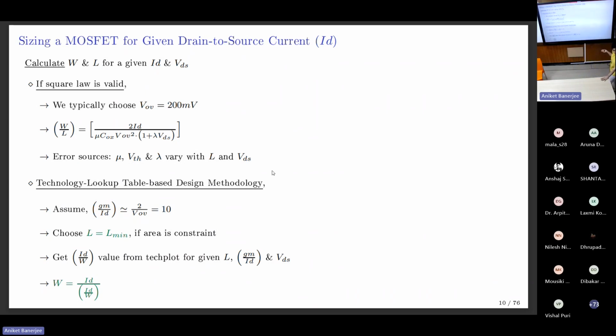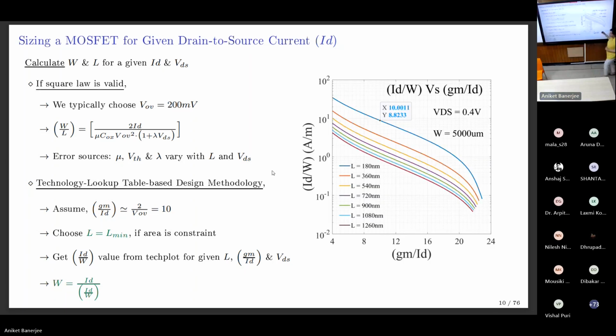Choose length as Lmin. Okay. So say, for example, if area is your constraint, which usually for power sets it will be, L is Lmin. Now what you can do is, I know gm/ID, I know L. We know the FET plots, ID by W versus gm/ID. Let me slowly walk you through the thing.